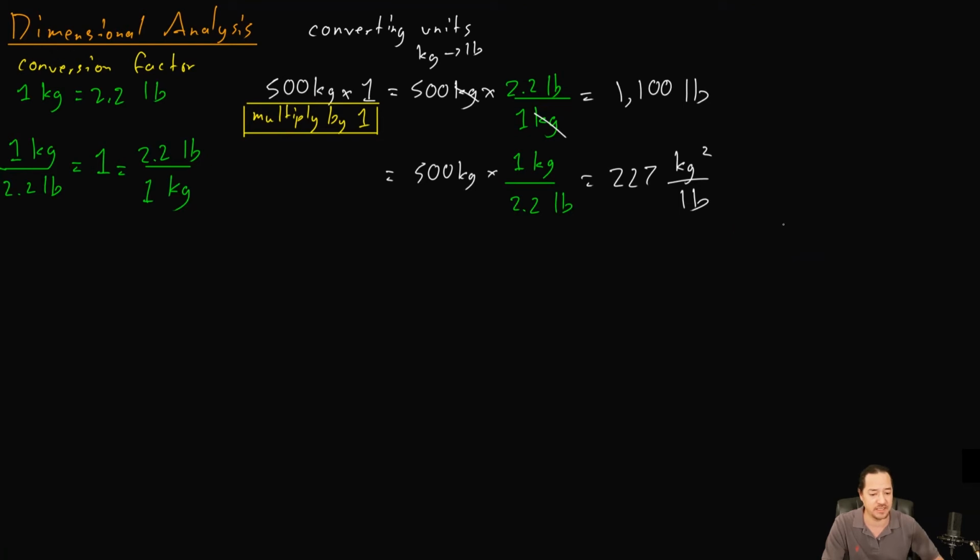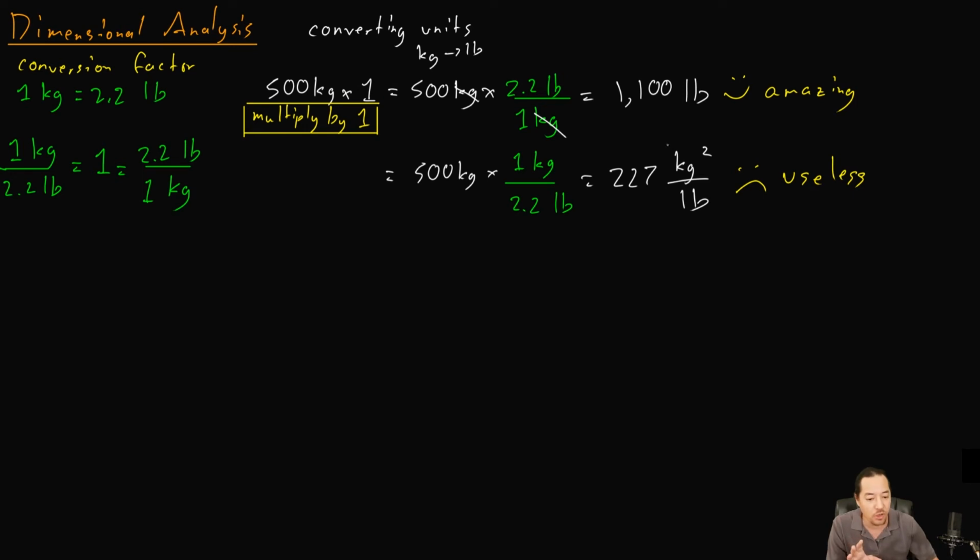This, my friends, makes me a little bit unhappy because this is kind of a useless result. These units, useless. The one on top, amazing. I'm happy to get this. I want to simply get pounds, kilograms to pounds. I don't want to convert kilograms into kilograms squared per pound, right? That doesn't get me anywhere.